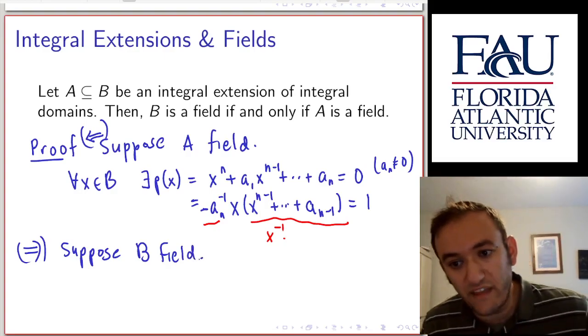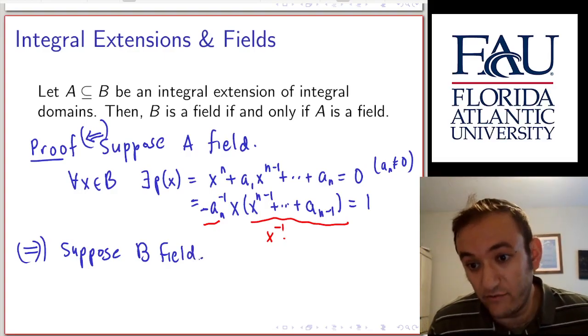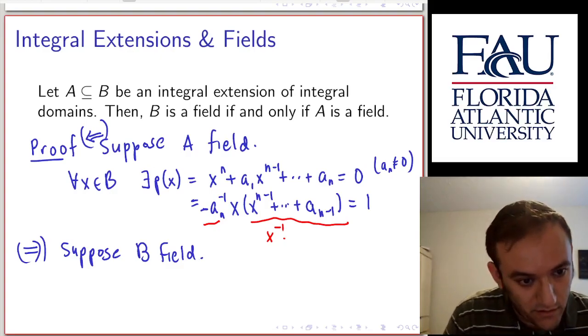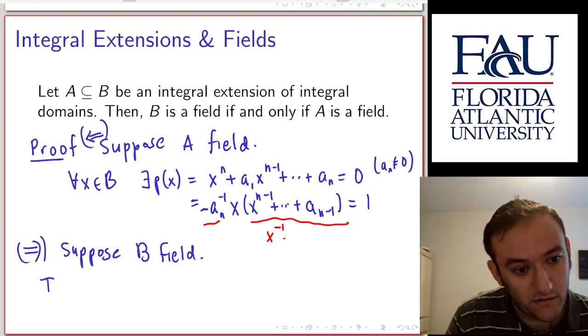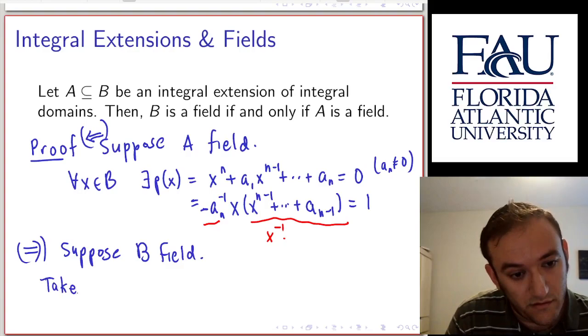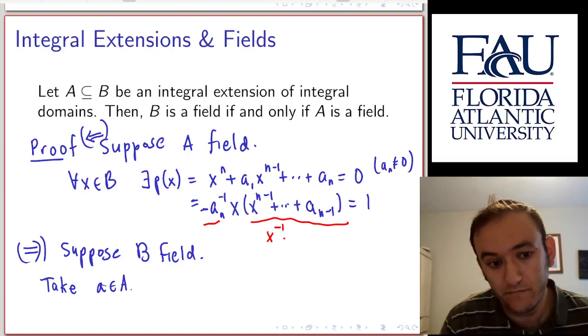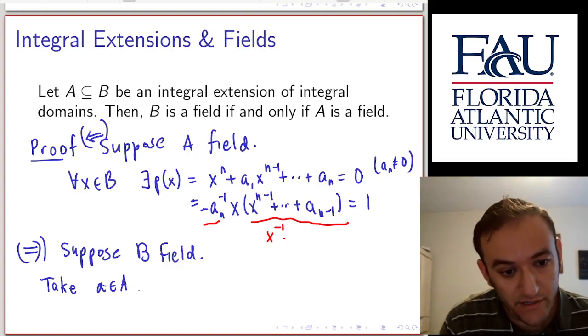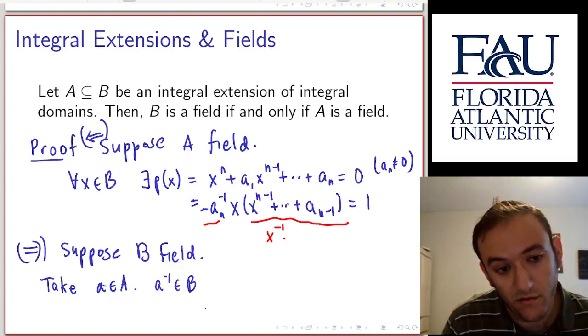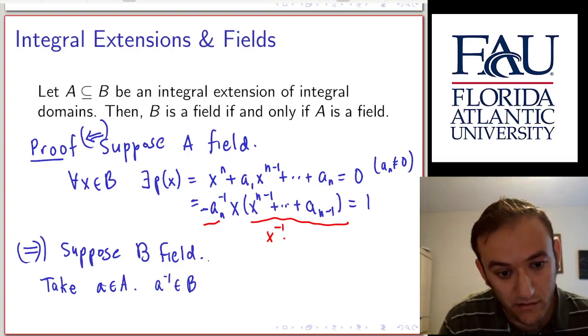Okay, so we need to prove that any element of A is invertible in A. So take a in A. So by virtue of B being a field, a inverse is in B. That means it has a monic polynomial.